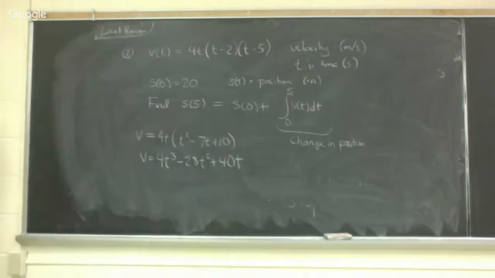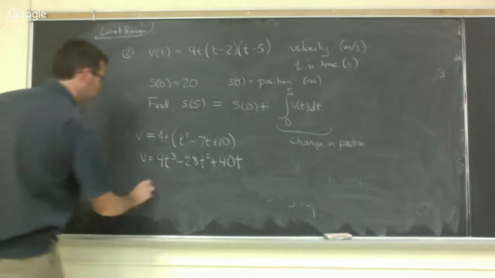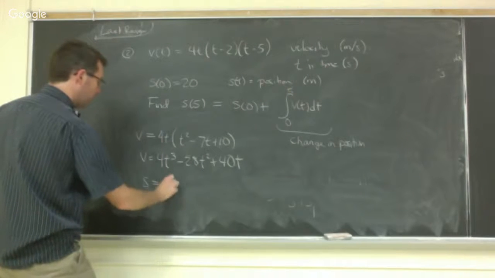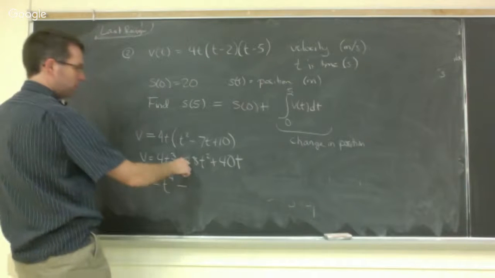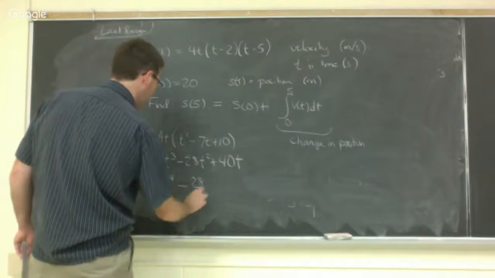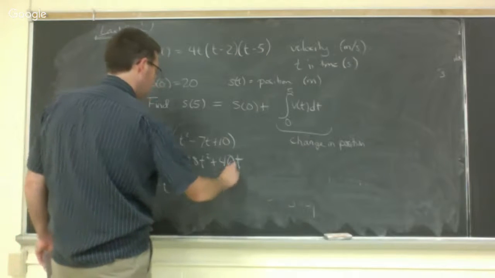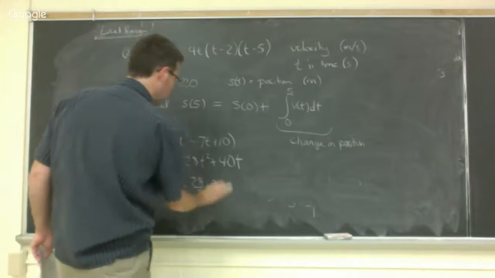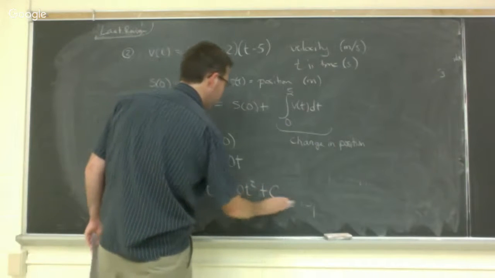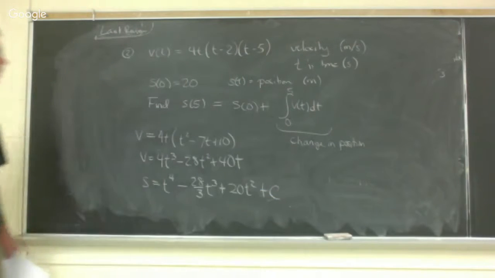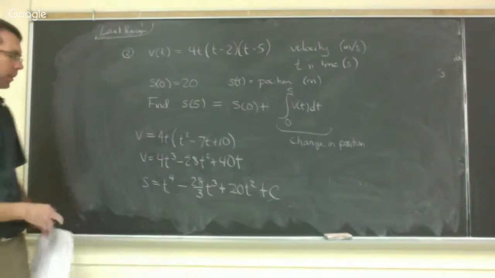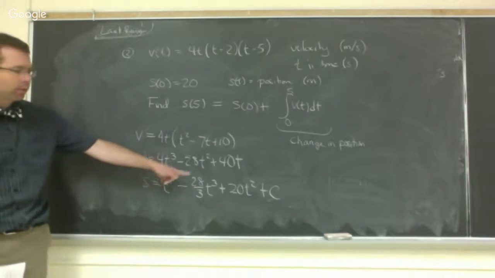And you find an antiderivative. 4t cubed gives me t to the 4th. 28t squared gives me 28 thirds t cubed. 40t gives me 20t squared plus a constant. And when t equals 0, I should get 20, and this is convenient because t equals 0 makes everything go away but the c.